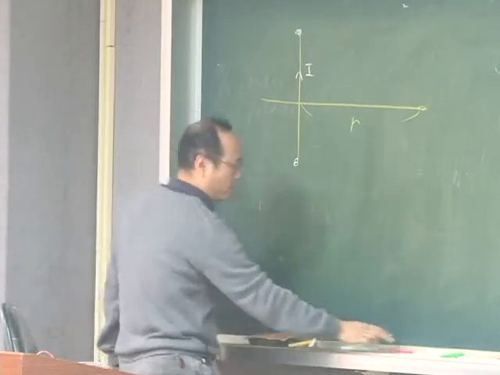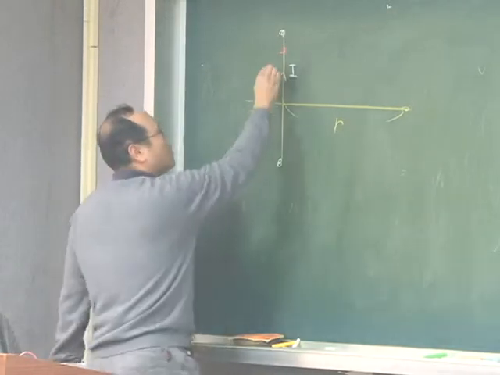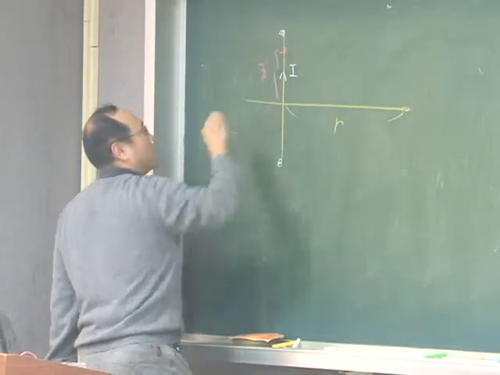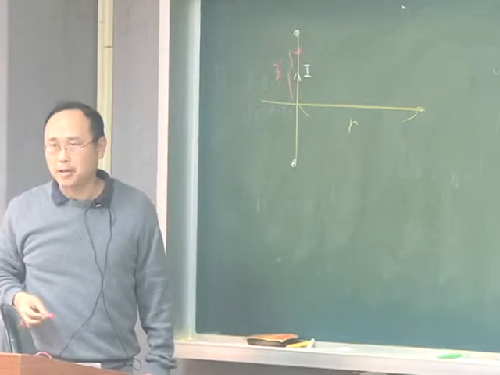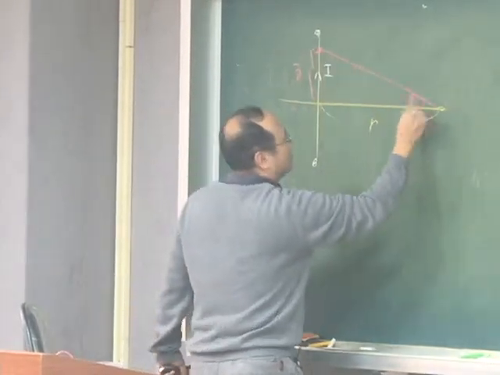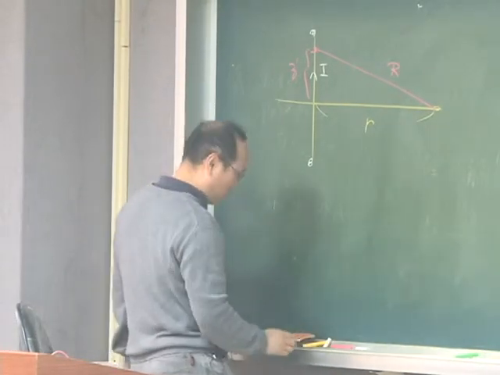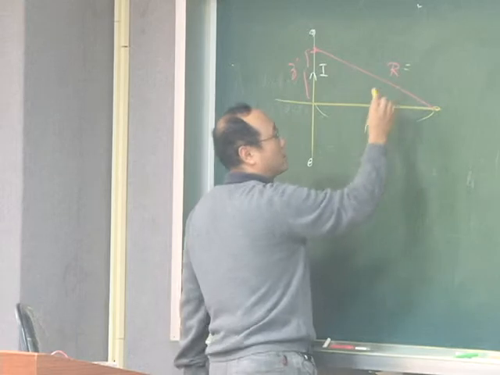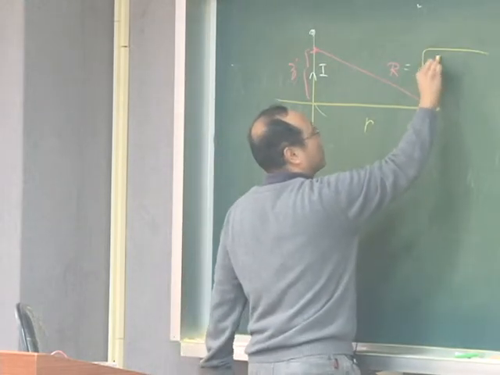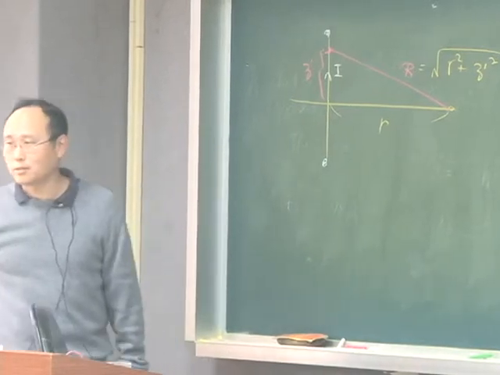And let's just pick up a small section of current at this point. From here to here, we call it z prime. And the distance from here to here, we have an expression of R. Clearly this R is going to be equal to the square root of r squared plus z prime squared, right?